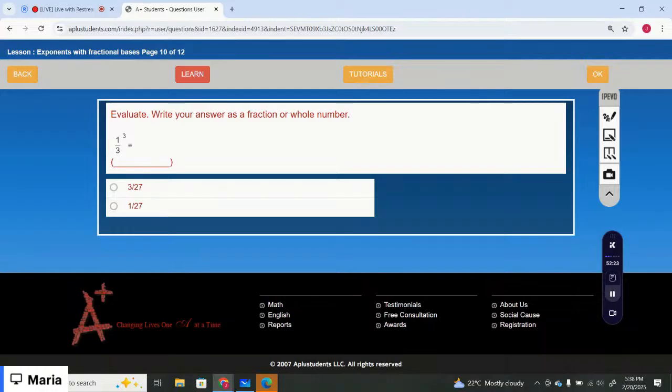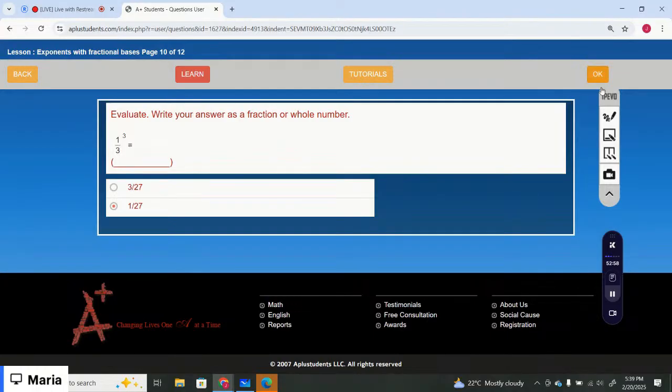1 by 3 exponent 3. So which is the correct option? That is 1 over 27.